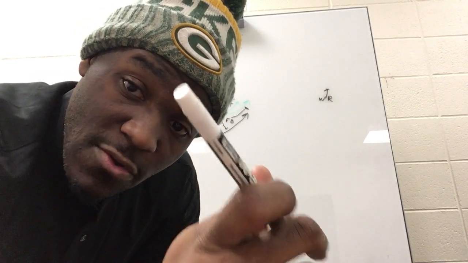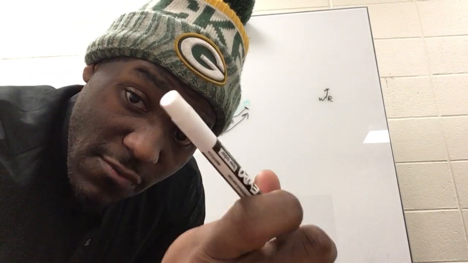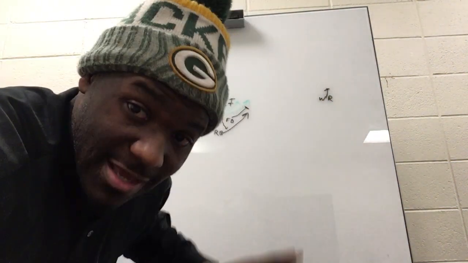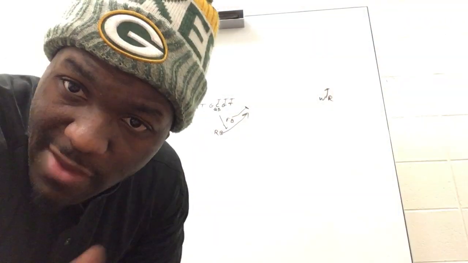So, basically to summarize what I just said: pull scheme, man blocking, run. Very good play if you catch the defense off guard. If you run it too much, then of course they can stack the edge, stack the gaps that the play may run towards.